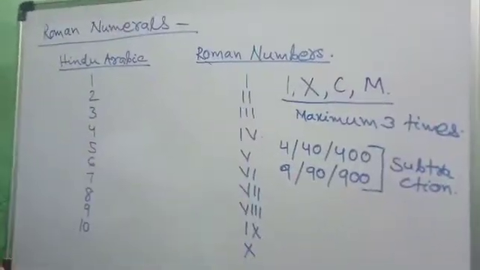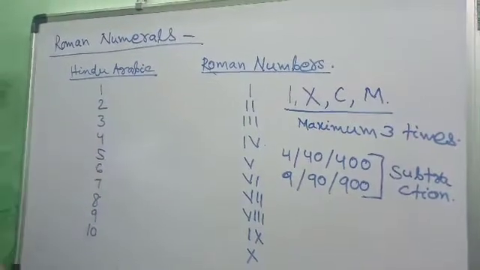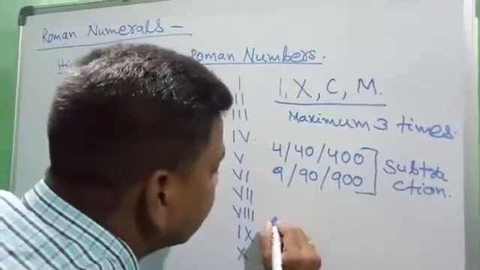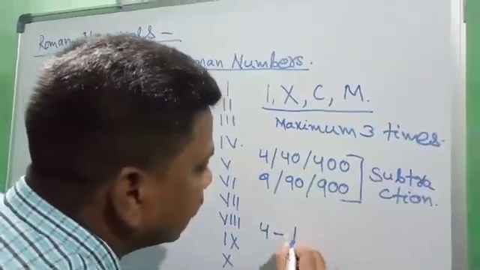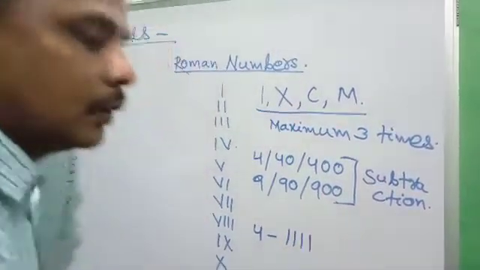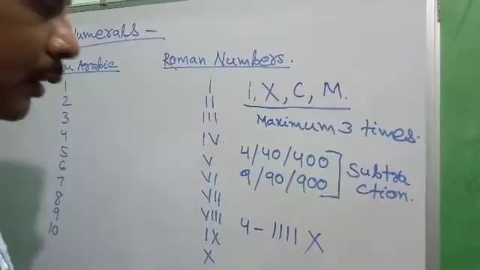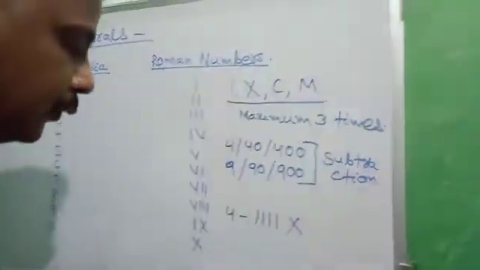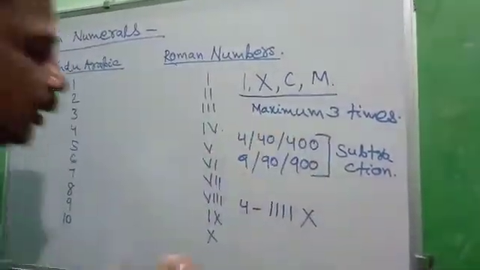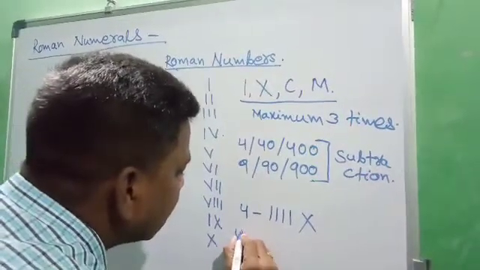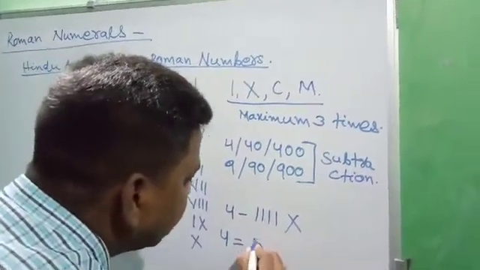Okay. Now look at the number 4. In 4, can I write I up to 4 times? No, it is wrong or incorrect. For 4, we have to subtract, means 4 equals 5 minus 1.